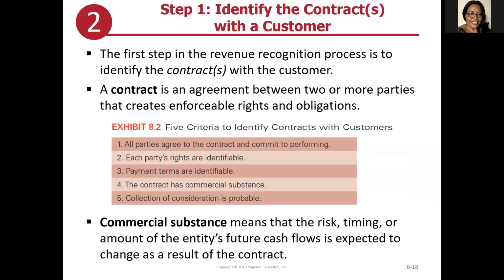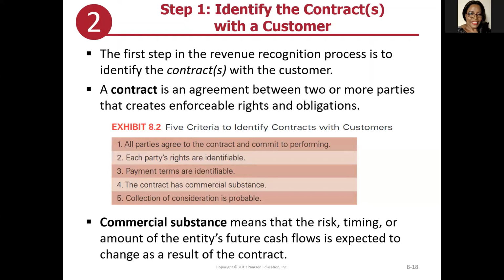The first one is all parties to the contract have agreed to the contract and are committed to performing under the contract. The approval by the parties can be in writing, provided orally, or implied by an entity's customary business practices. 2, each party's rights with respect to the goods and services that are being transferred are identifiable.